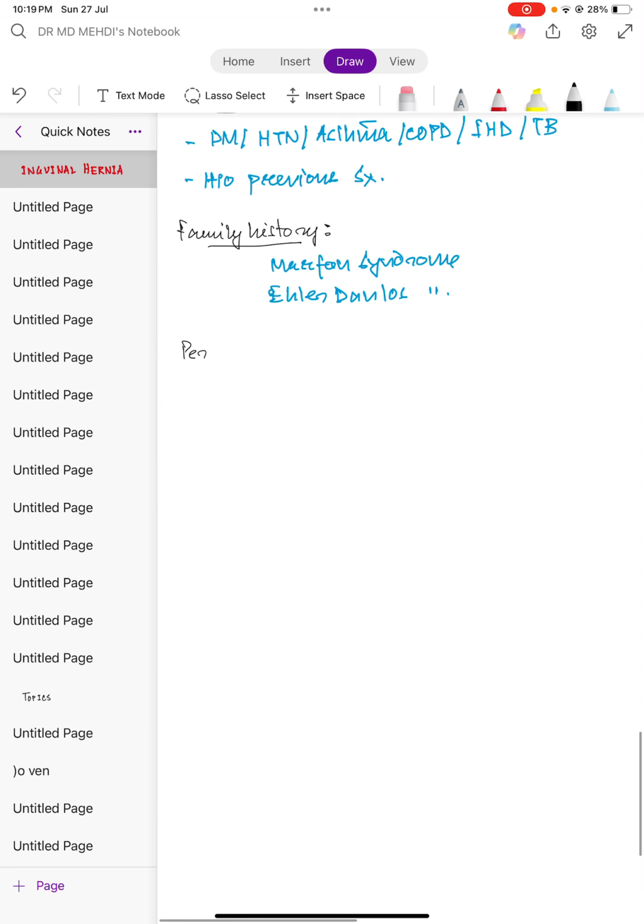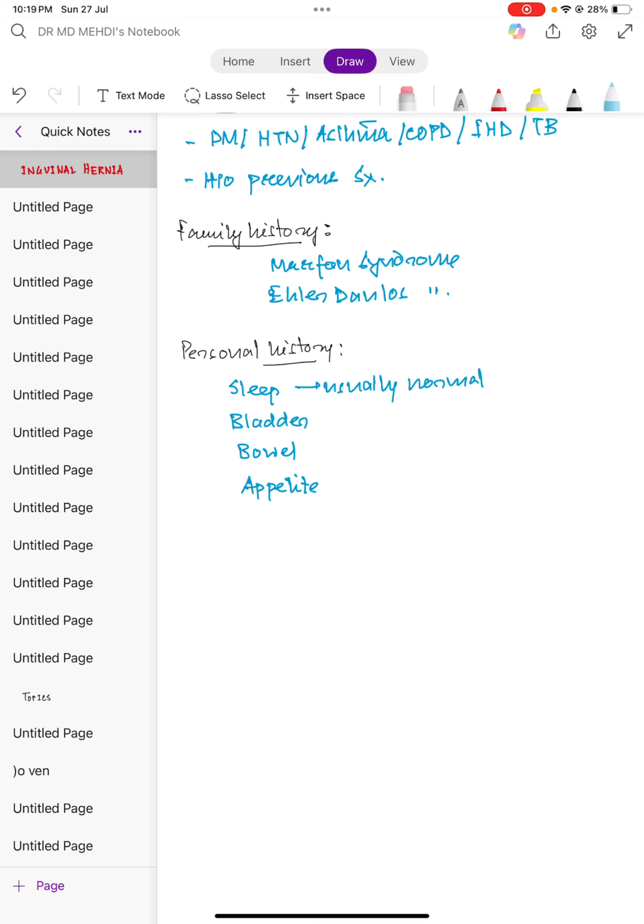Now comes personal history. In the personal history, what we have to ask is sleep, bladder, bowel, appetite. Now in this case, sleep is usually normal. If the patient is having any difficulty in micturition or defecation, that has to be mentioned here.